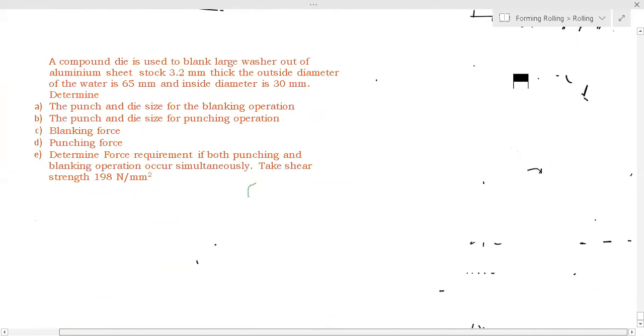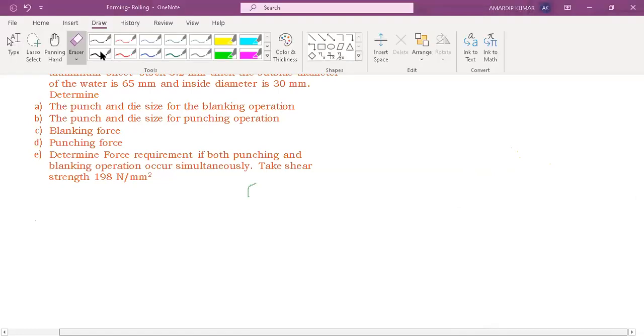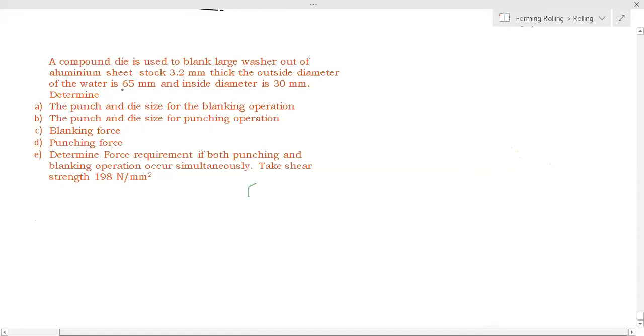Let me solve this problem first, then again I will allow you to ask doubts. Punch travel we will discuss again, on how to reduce force. So the thickness is given to you, that is 3.2 mm.